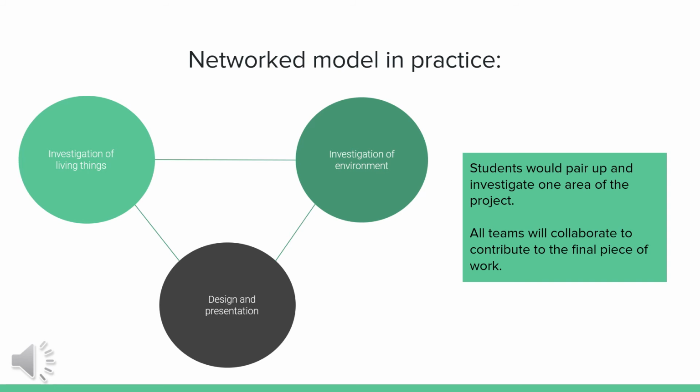So, for example, one group would investigate living things, the next group would investigate the environment, and a third group would be responsible for design and presentation of the project, which would include the ICT components.